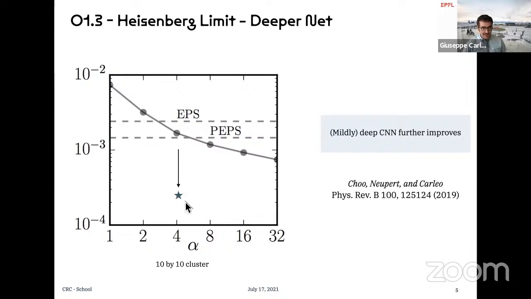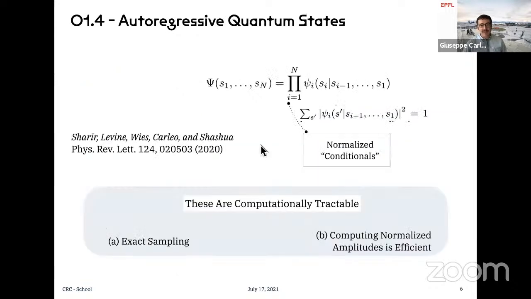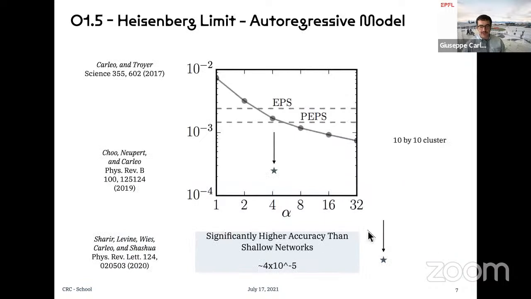You go to around 10 to the minus 4, and recently, using this idea of these autoregressive quantum states that I discussed also during my lecture, this is the paper. So essentially, you can show that you can go down here.